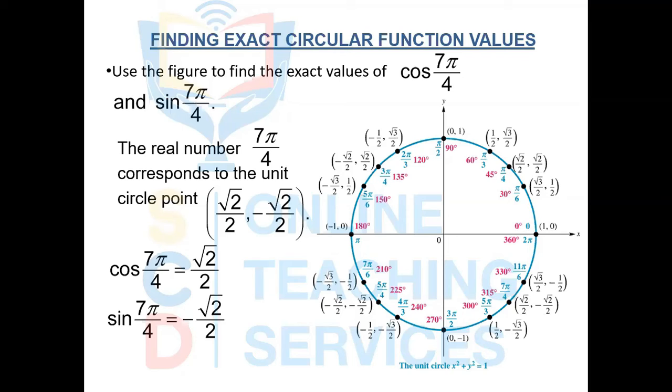Okay, so again, if I ask you what is the value of sine negative 5 pi all over 3, what will be the value of sine negative 5 pi all over 3?